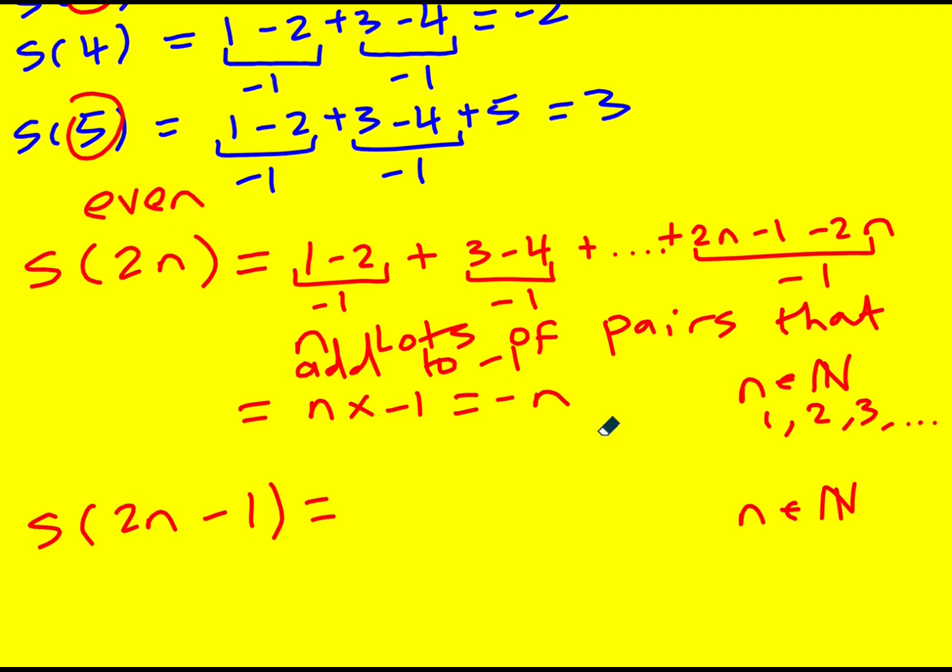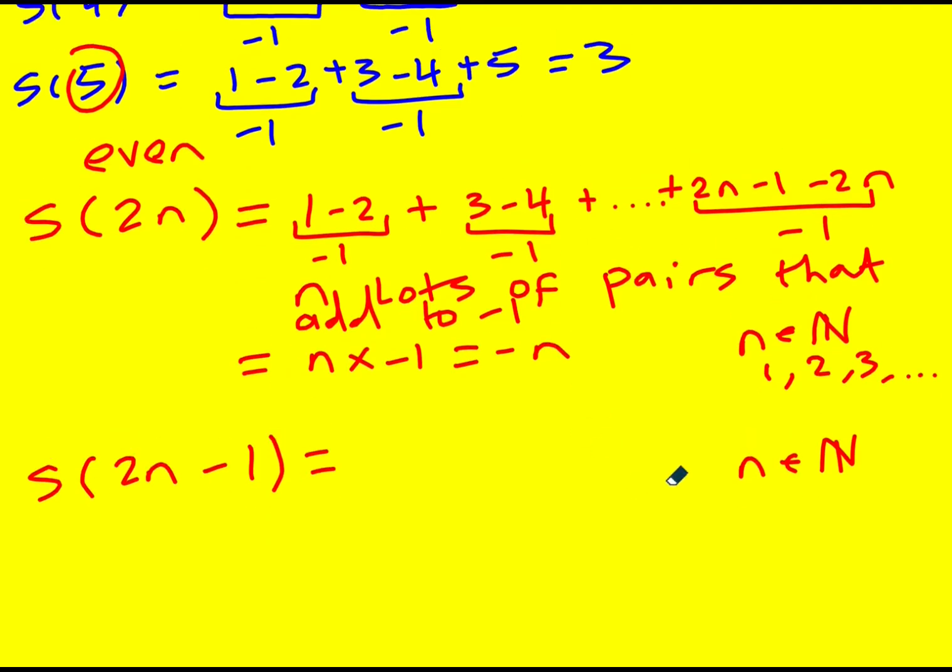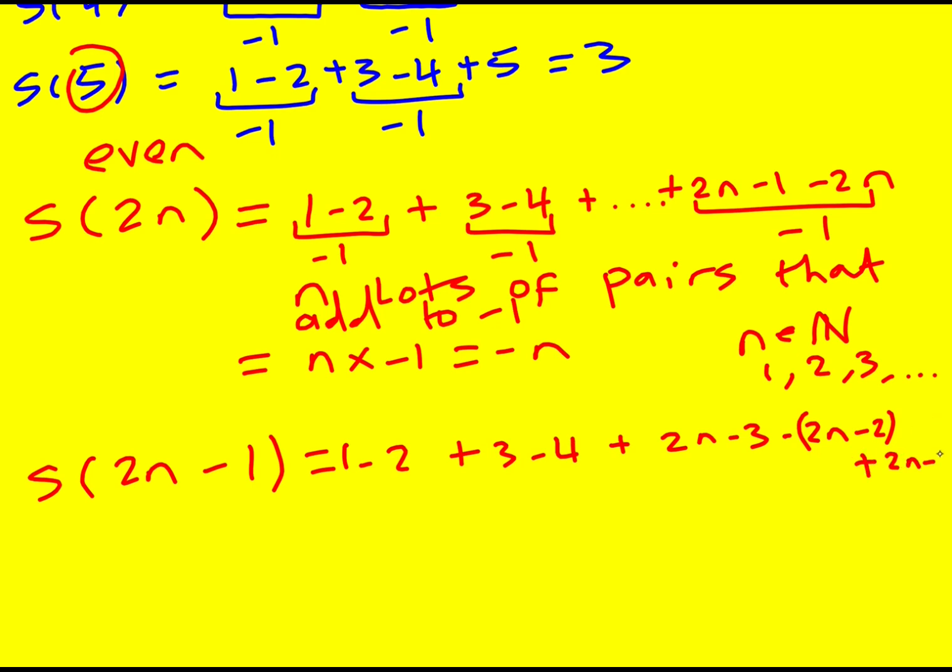Now, this time, I'm going to be getting 1 minus 2 plus 3 minus 4, etc. But then I'm going to get 2n minus 3 minus (2n minus 2). But then my last term is going to be plus 2n minus 1.